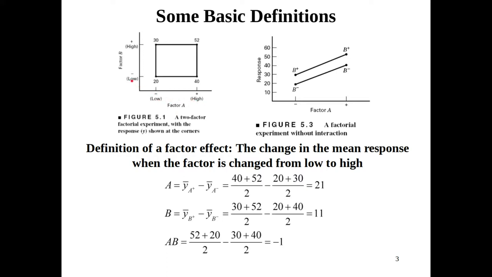Same for factor B, low level and high level. Sometimes we also call them minus and plus, or sometimes you will see minus one, plus one. So these are basically coded variables. They can be anything. This is hypothetical data.